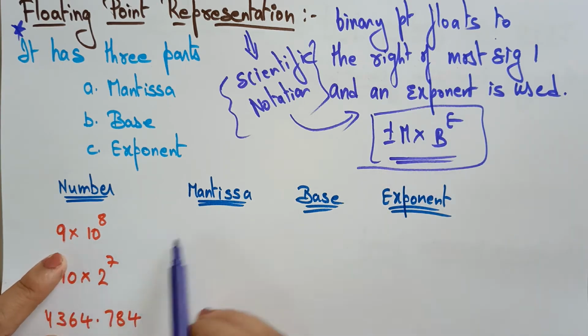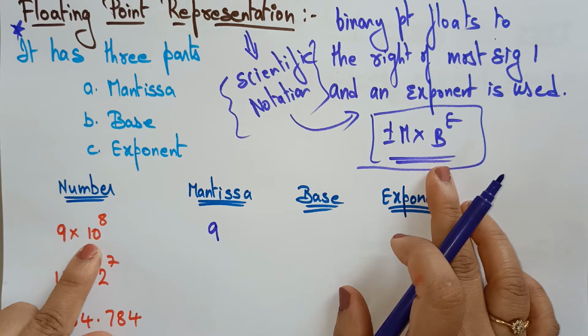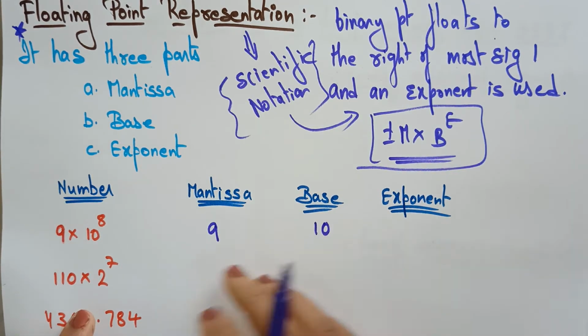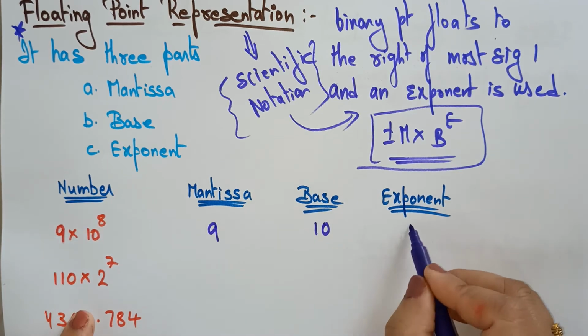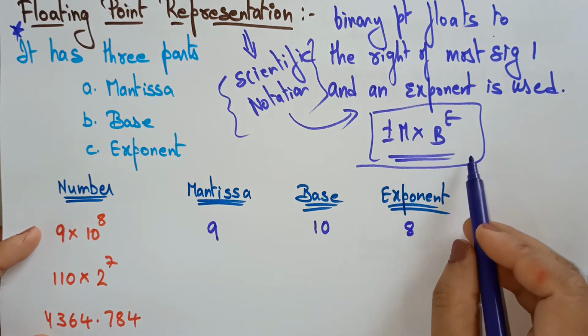So what is m here? 9 is m. And what is the base? The base is 10. And what is the exponent? The exponent is 8. So this is a representation of the floating point number in scientific notation, in the form of plus or minus m into b power e.